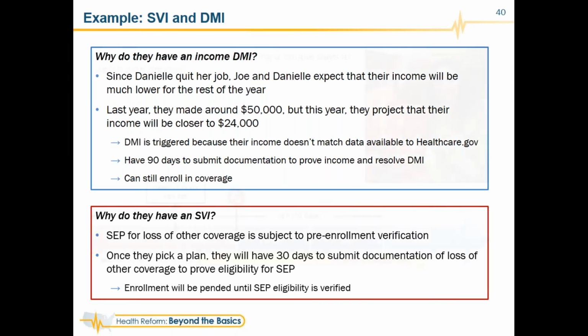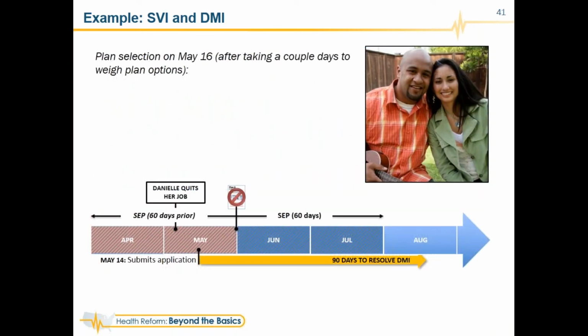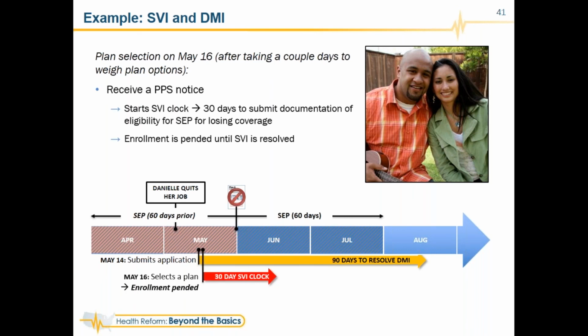So how do all of these various requests for documentation and different timelines work in practice? Let's say that Joe and Danielle pick a plan on May 16th, a couple of days later than they submitted their application. As Shelby mentioned, the SVI clock doesn't start until a person picks a plan. So when Joe and Danielle do pick their plan, they receive a pended plan selection notice that starts that 30-day clock to resolve that SVI.